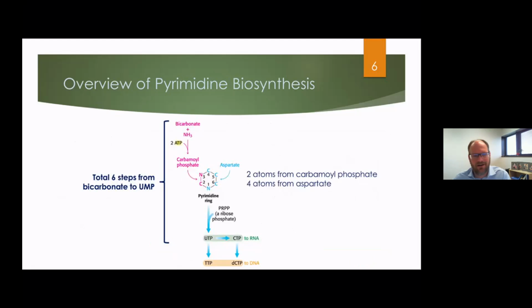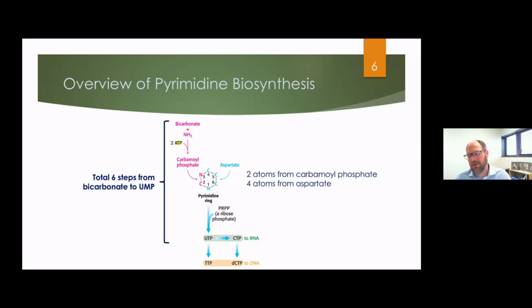This is an overview. There are 6 steps from bicarbonate to UMP. Bicarbonate and ammonium becomes carbonyl phosphate. We already learned about that in our urea cycle section, but this is a separate enzyme. That makes carbonyl phosphate, which ultimately makes part of the ring, and the rest of the ring comes from aspartate.